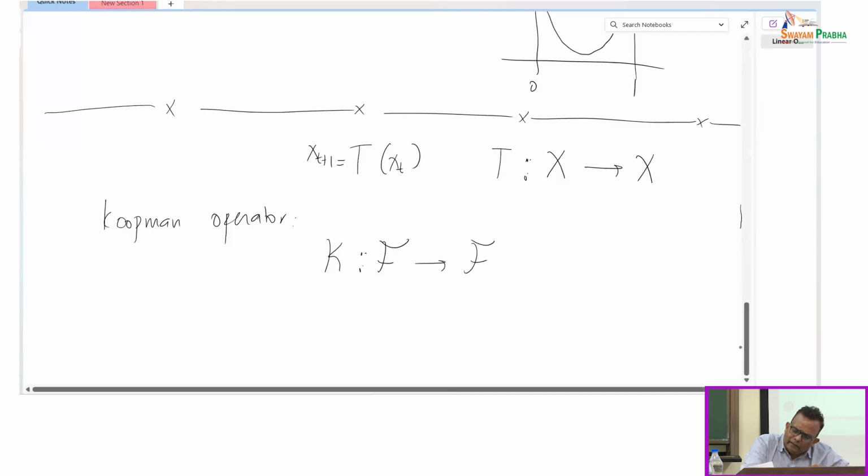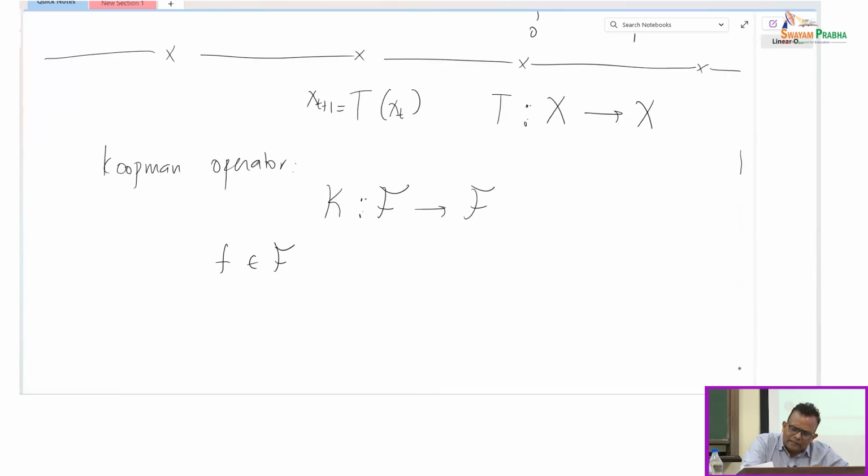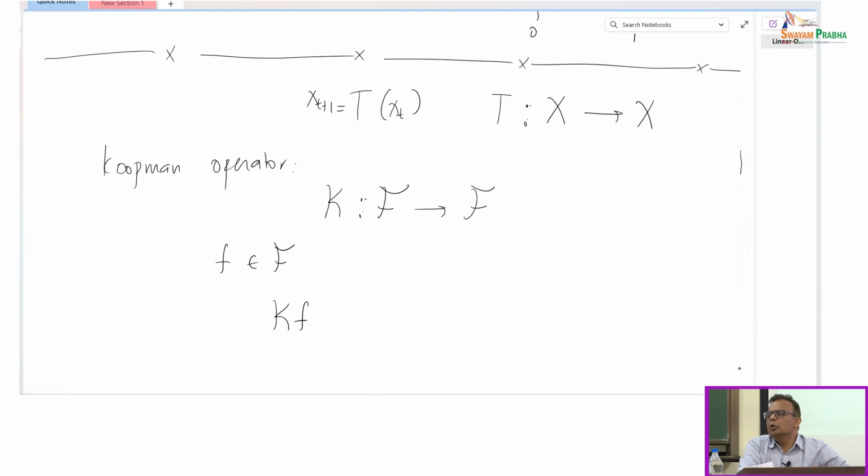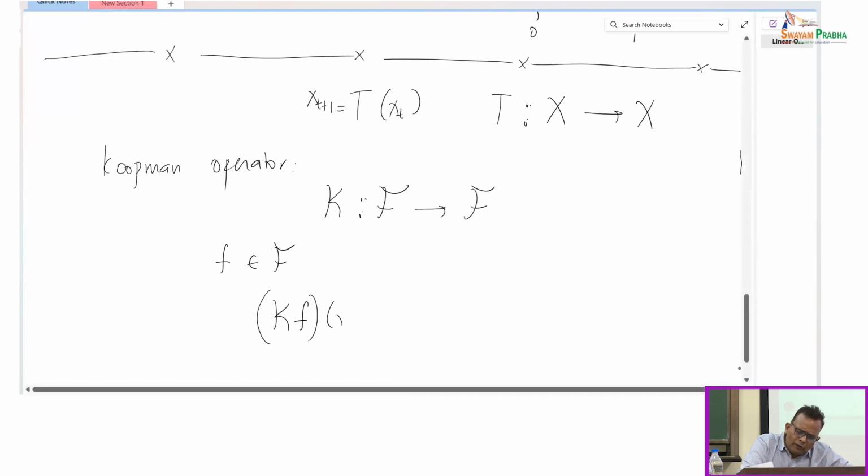So now, how do you define this? Let's say I have a little f function which belongs to this cal F. Now kappa acts on this function. For those who haven't seen this notation, that's why I'm a little slow here. Kappa acts on a function f and gives me a new function, kappa f.